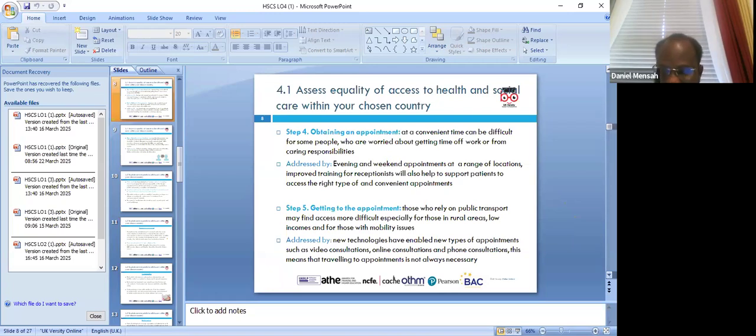Now, how many of you have realized, those who have relocated to the UK in recent times, that whenever you fill in a form, whether an application form or a hospital form, they normally ask you about sexuality, whether heterosexual, they want to know, and all that.